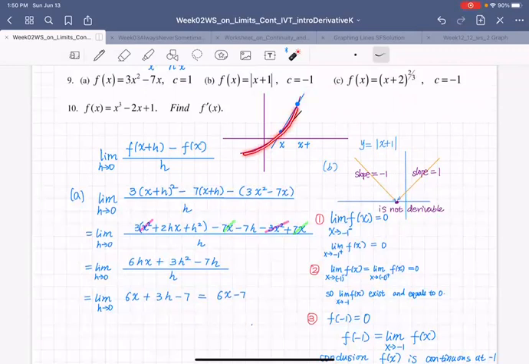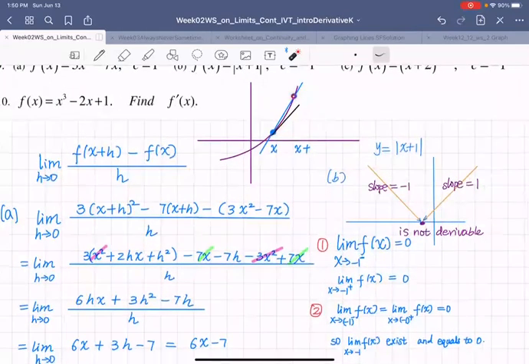On a graph, if I can make these 2 points very close, something interesting will happen. If these 2 points become very close, for example, these points move to here, and I connect these 2 points, then this line's slope will be so close to the tangent line slope over here.